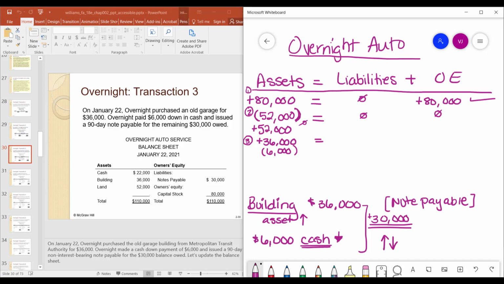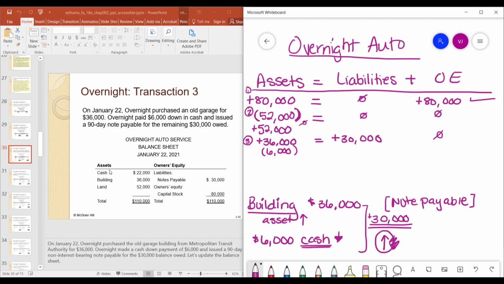If you owe $30,000 all of a sudden to the bank or whoever it is, your liabilities are going up, right? The more debt you have, the more liabilities you have. And as debt goes up, liabilities go up. So your liabilities are going up by $30,000 because of this note payable. There's no owner's equity. There's nothing else mentioned here.